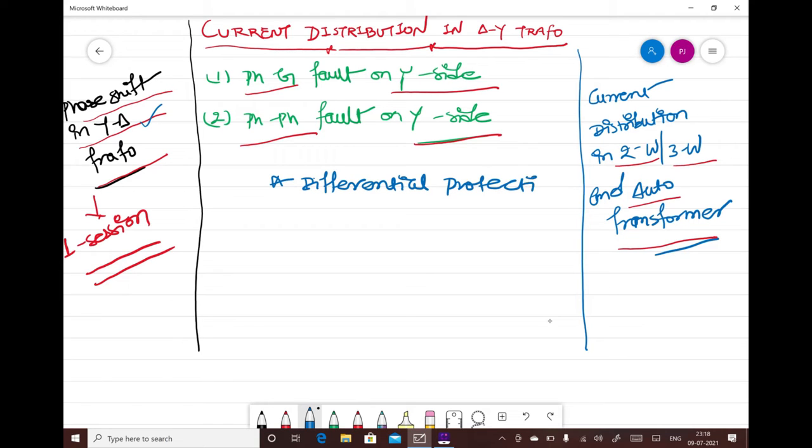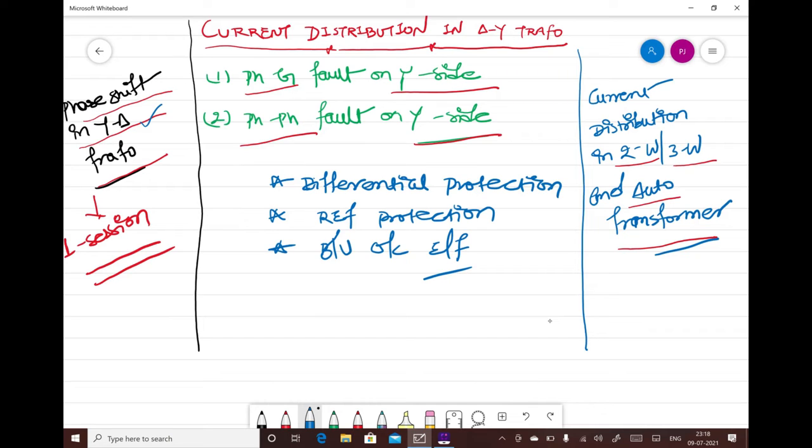So in case you want to apply differential protection on a transformer using numerical IEDs, or REF protection or backup overcurrent earth fault protection, for any type of protection using numerical IEDs, you must have an idea of the current distribution in a star delta transformer.